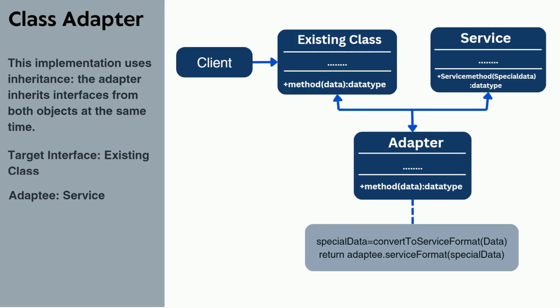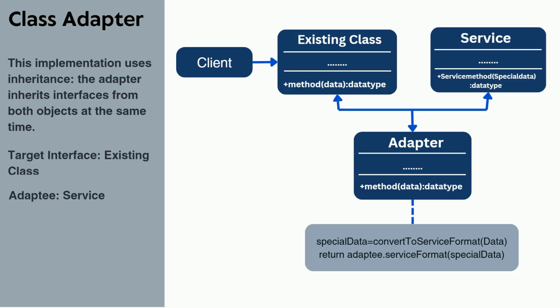The class adapter is one of the two ways to implement the adapter design pattern. It uses inheritance to adapt one interface to another, allowing incompatible classes to work together. The adapter inherits from both the target and the adaptee. It overrides the target methods and internally calls the adaptee methods after converting the request.